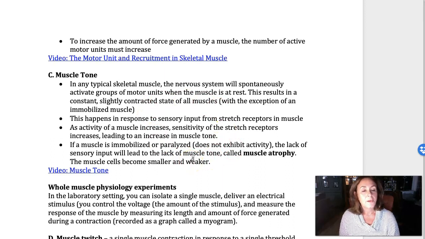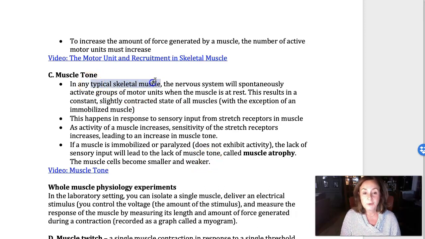Muscle tone, I understand you know what that is already before taking this class. By definition, in a relaxed muscle, spontaneously there will be some muscle cells in a state of contraction.